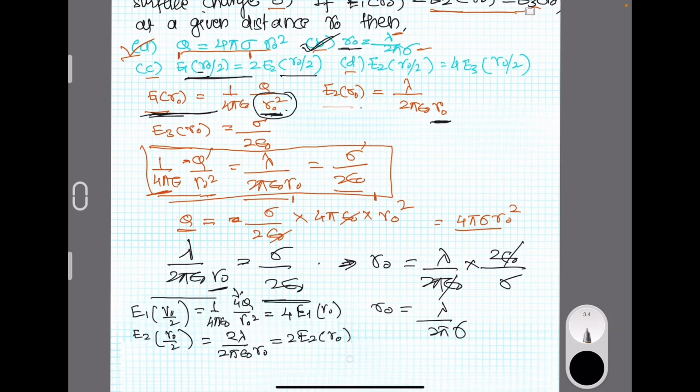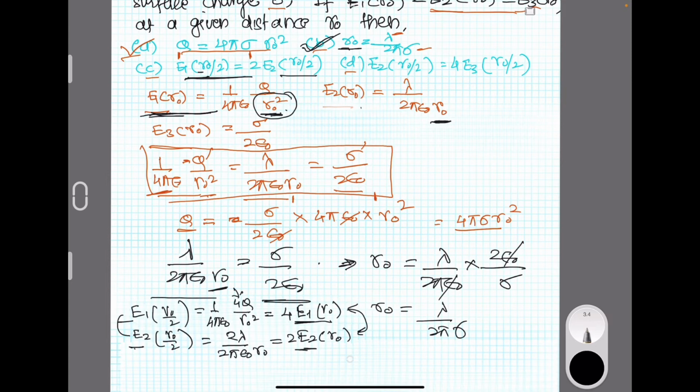Now we already know, as given in the problem, that E1 of R naught is equal to E2 of R naught. Now since we know this equality, we can equate E1 of R naught by 2 and E2 of R naught by 2. So what is E1 of R naught?